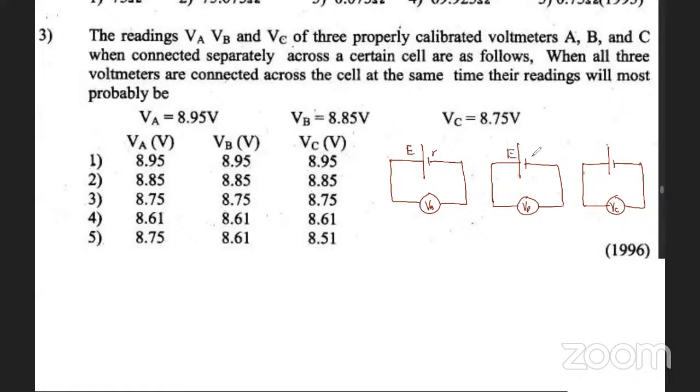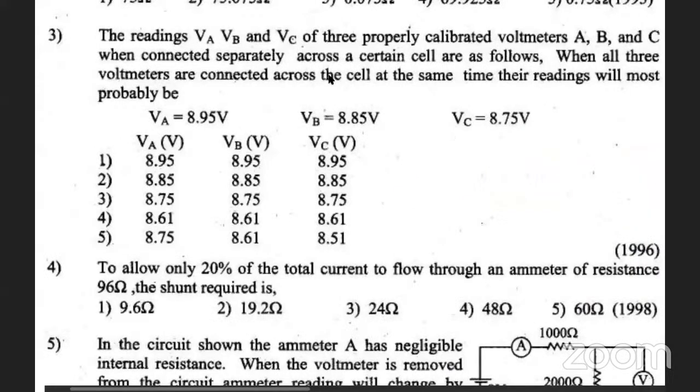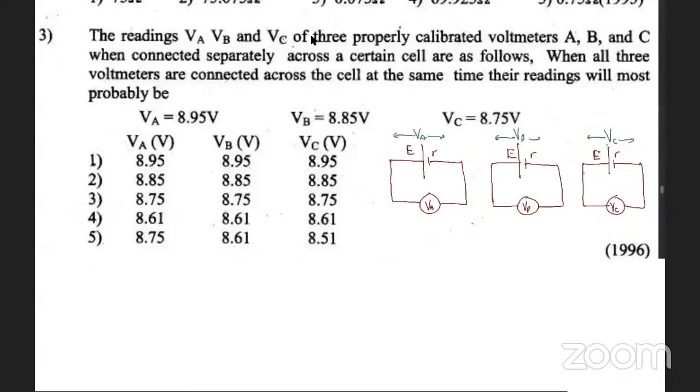It will have the same EMF, same internal resistance R, but the voltage here is VA, here is VB, here is VC. What's the reason? Let's see the answer. Internal resistances of the voltmeters are different. Very good.